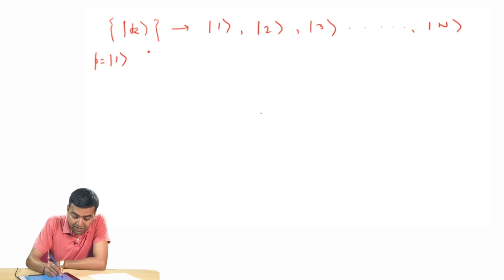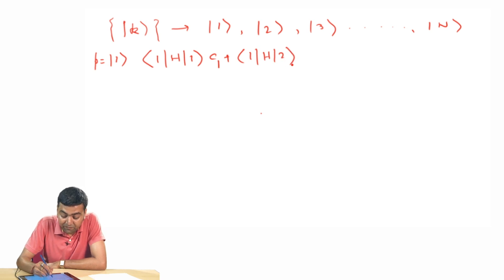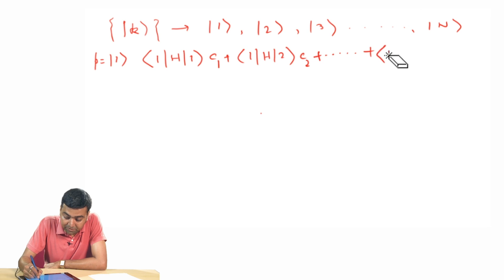So, what I will get is a set of numbers of this form: <1|H|1> C1 plus <1|H|2>, the expectation value of H between 1 and 2, times C2, and plus, and this will go on till we get <1|H|n> Cn, which equals E C1.